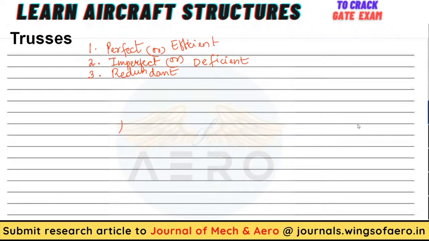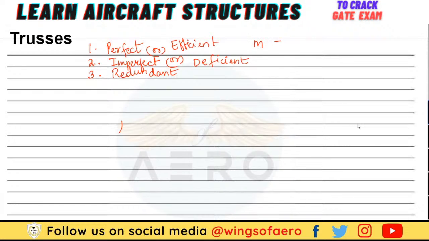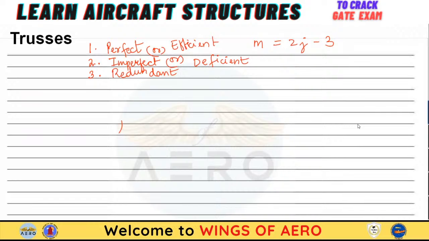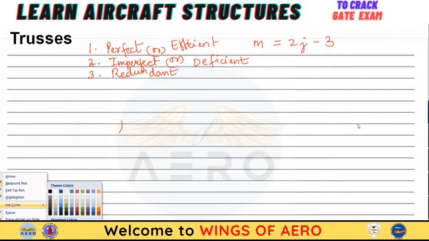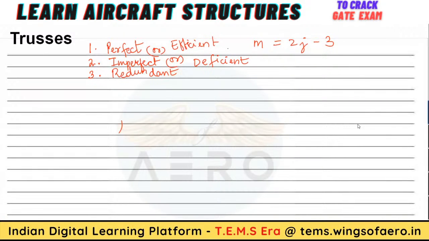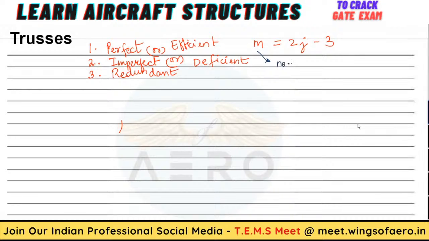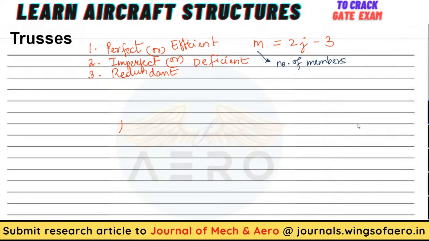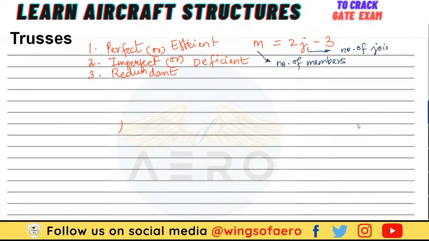Now the efficient one we can find using m equals 2j minus 3. This is the formula. What is m? m represents the number of members, and j represents the number of joints.